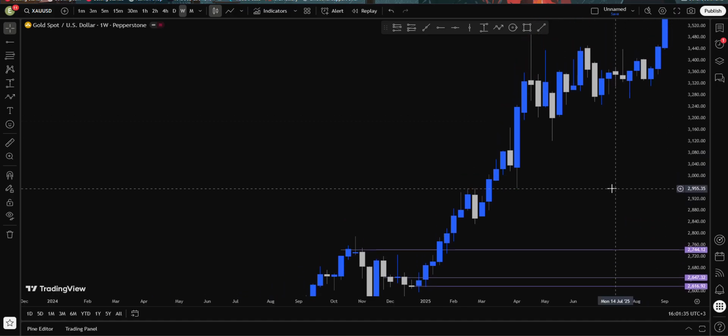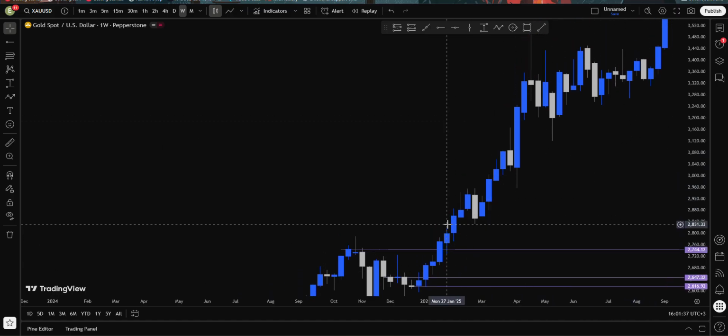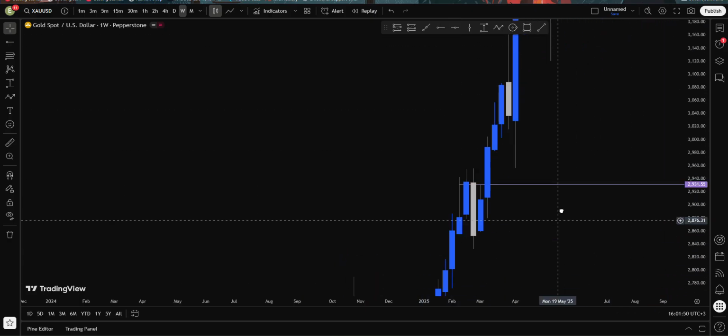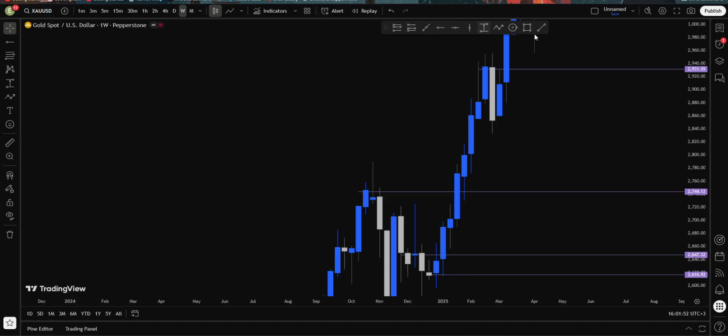Our job is to follow where the market has created a support. The market has created the support here, and the market moved like this. After coming here, it broke.